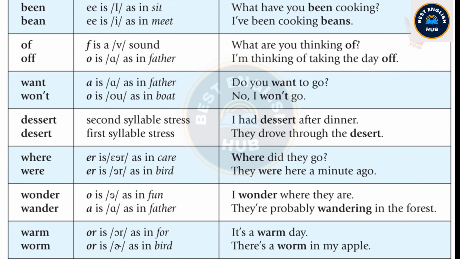Dessert, desert. I had dessert after dinner. They drove through the desert. Where, were. Where did they go? They were here a minute ago. Wonder, wander. I wonder where they are.